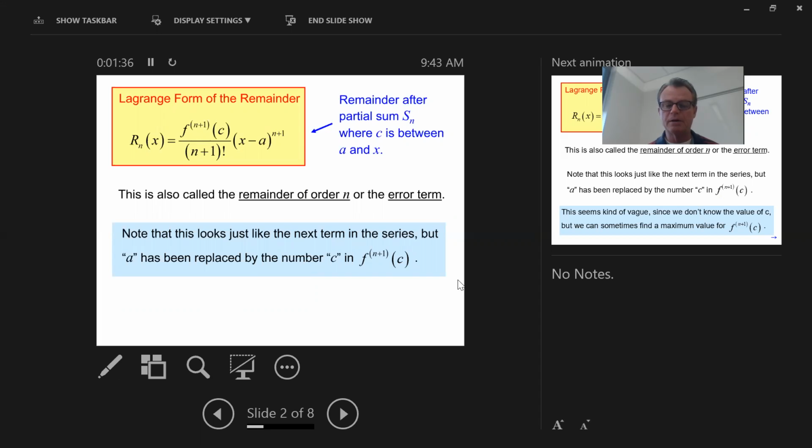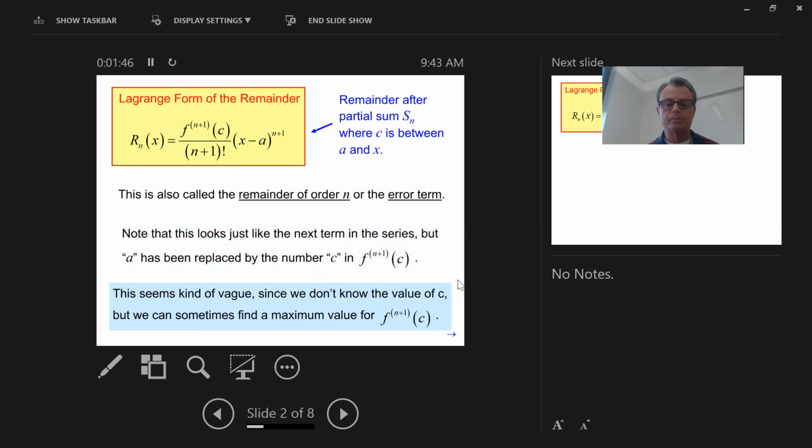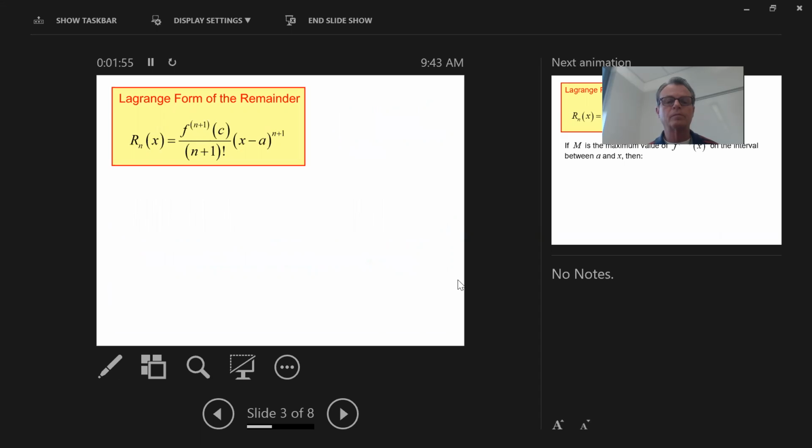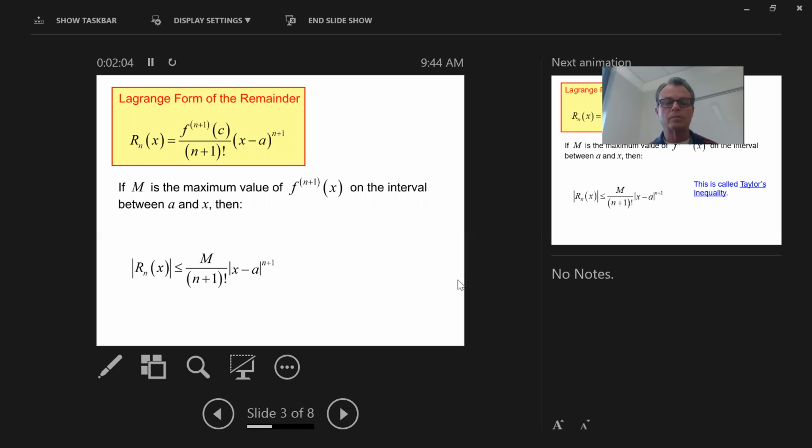So what's the deal with C? Well, that's going to help us get the maximum value, which is part of where this is going. Now, what happened?